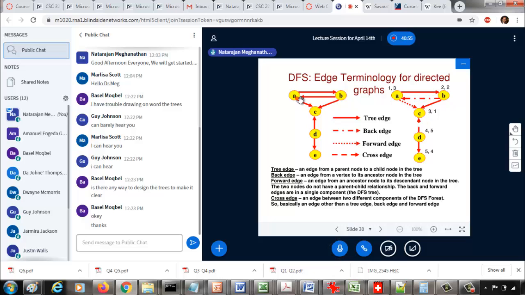This vertex A is still in the stack. It is pushed but not yet popped out of the stack. So if you visit a vertex using an edge, and that vertex is still in the stack, then that edge should be called a back edge. Again, the same as what we did for undirected graphs.